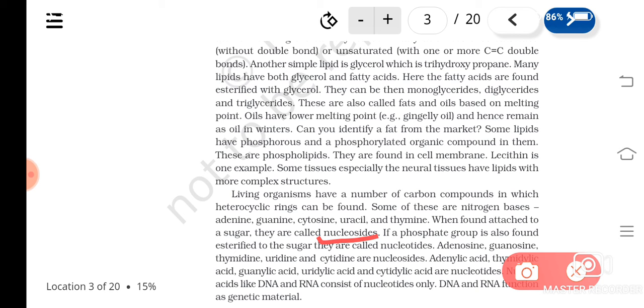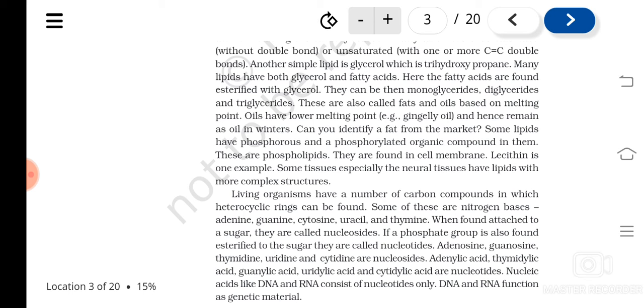And if a phosphate group is also esterified to the sugar, then they are known as nucleotides. The various nucleosides found in organisms are adenosine, guanosine, thymidine, uridine and cytidine.